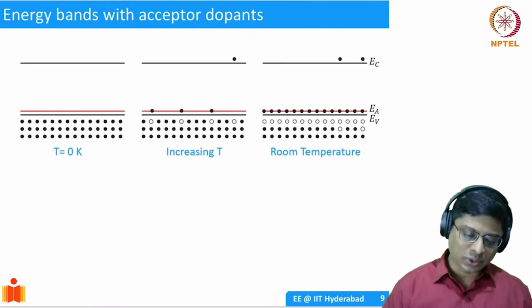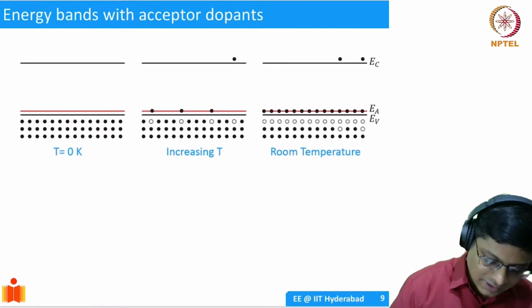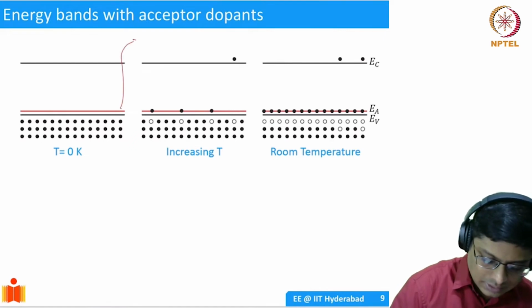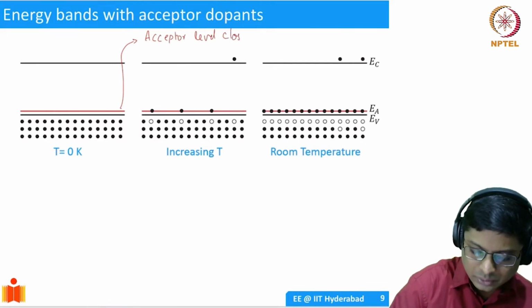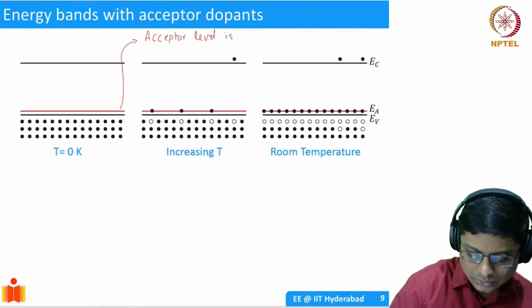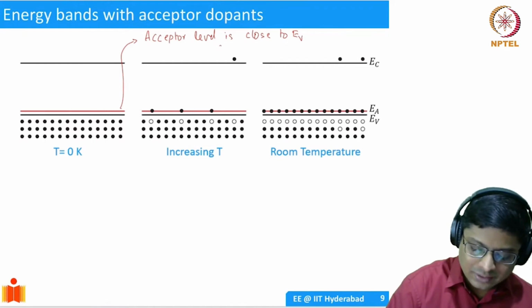The same story. In this case, the acceptor level is close to EV, the valence band, and it has a small ionization energy.